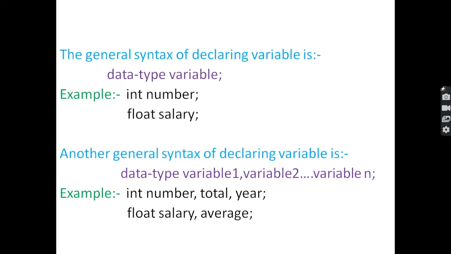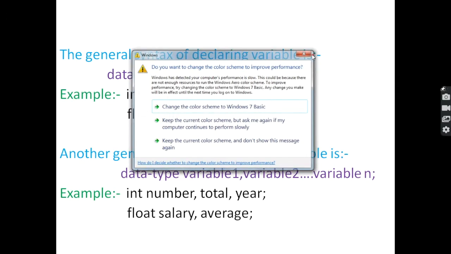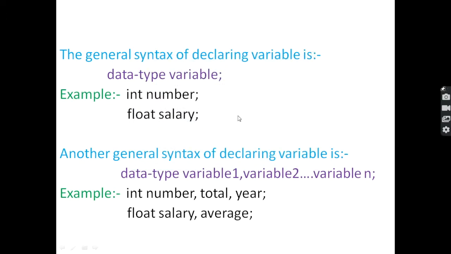Example: int number, total, year; float salary, average. Here int is a data type and number, total, year are variables, and float is a data type and salary, average are variables. So in this way we have to declare the variable.